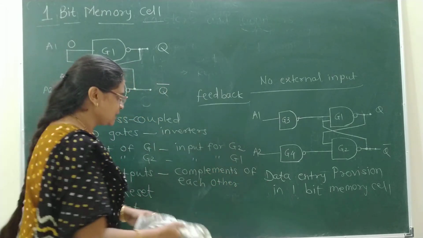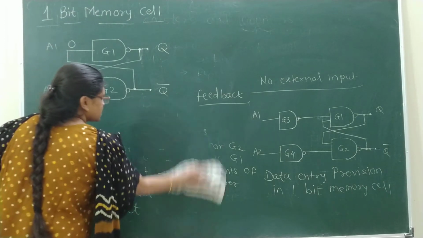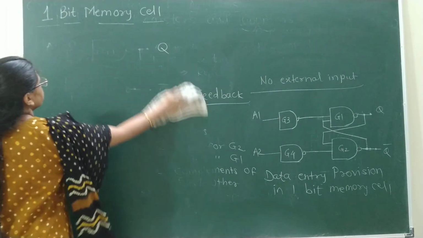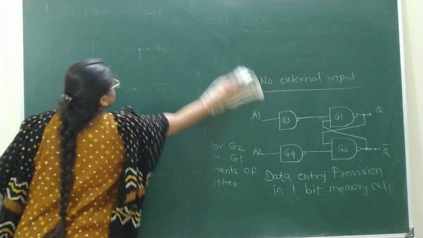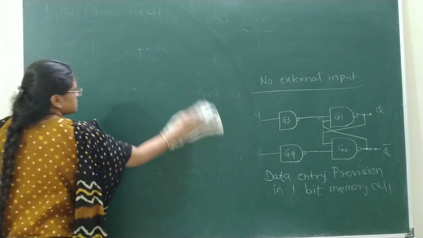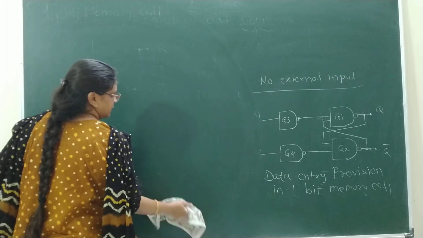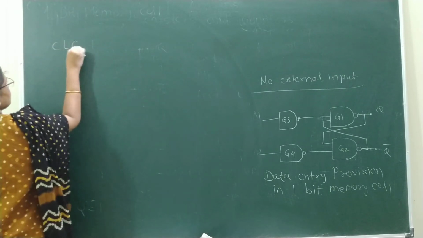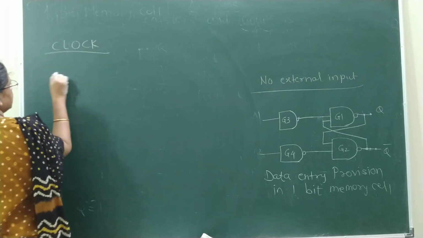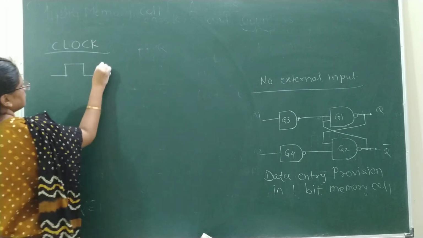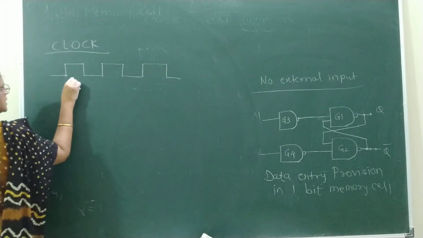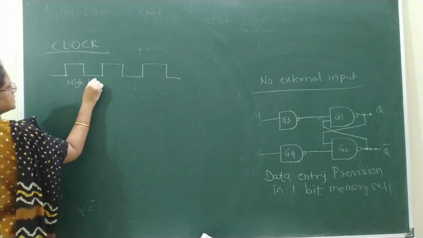But always remember that any logic circuit, flip-flop, register, or counter has to perform its operation within a certain time limit, and that is given by the clock signal. So what is a clock signal? Clock is a periodical train of high and low states. This is the high state and this is the low state.